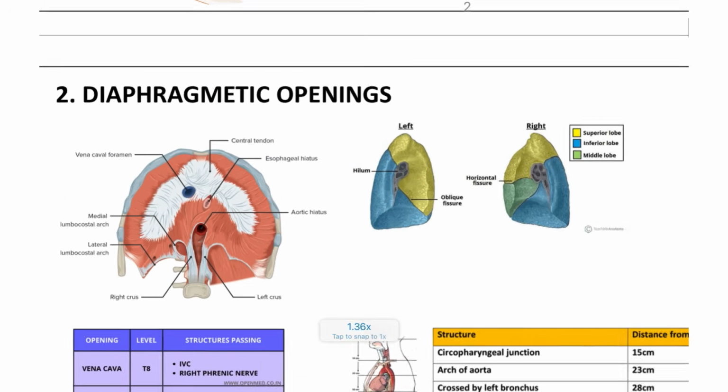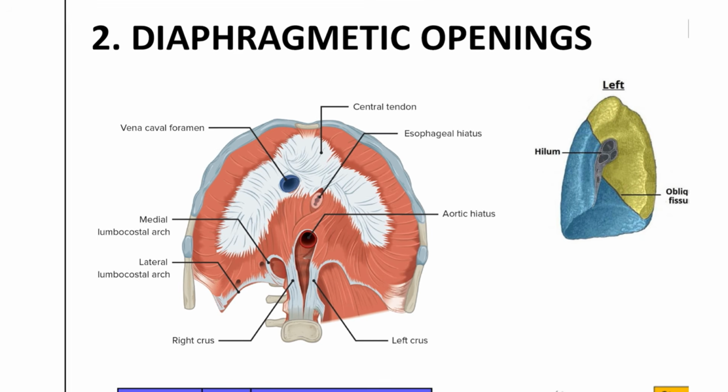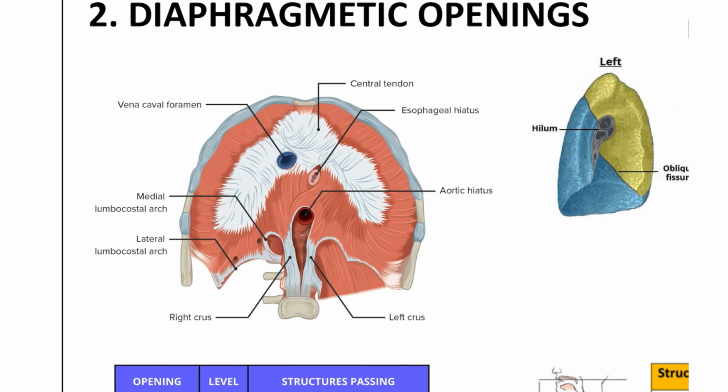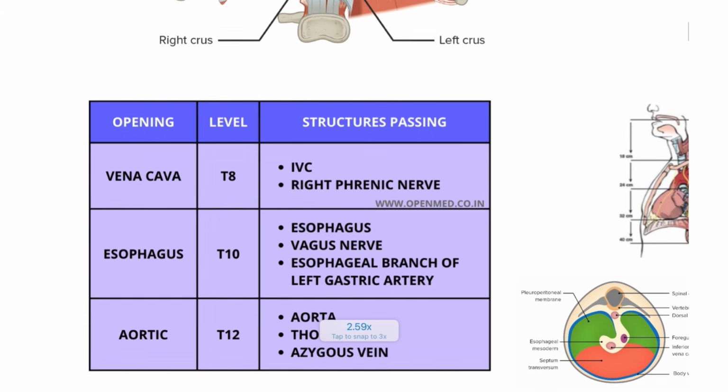Next, moving on to the diaphragmatic openings. In the diaphragm, the most important are the vena cava opening, esophageal hiatus, and also the aortic hiatus, but they are in different locations. Vena cava is at the level of T8, esophagus at the level of T10, aortic at T12. Next, what are the passing structures?